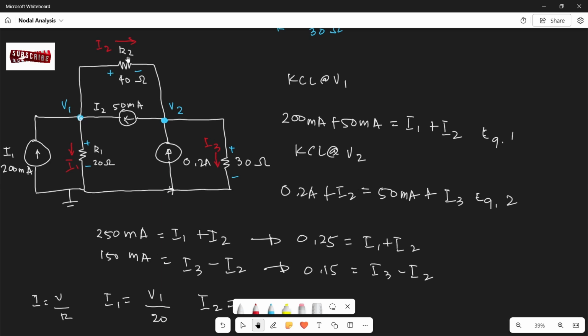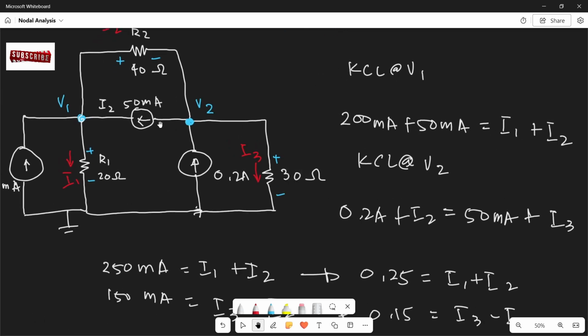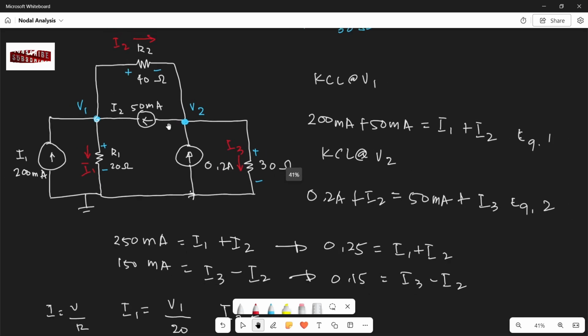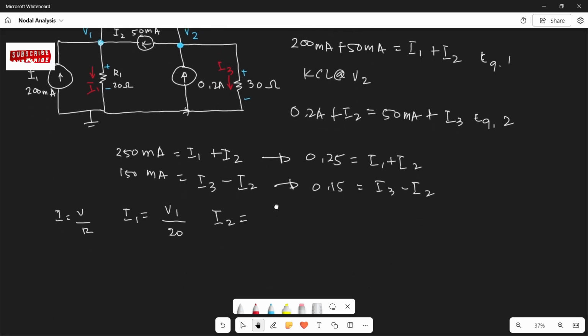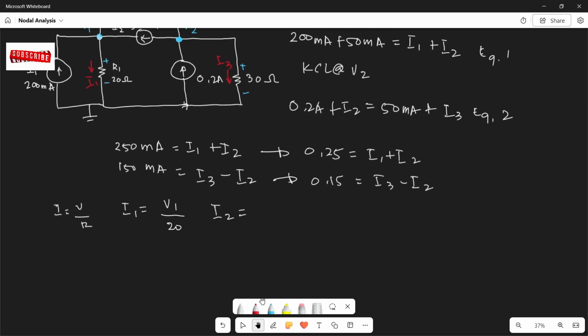So the voltage across here is the same as the voltage across B1 and B2, the potential difference between B1 and B2. So that will be B1 minus B2, divided by R2, which is 40 ohms.